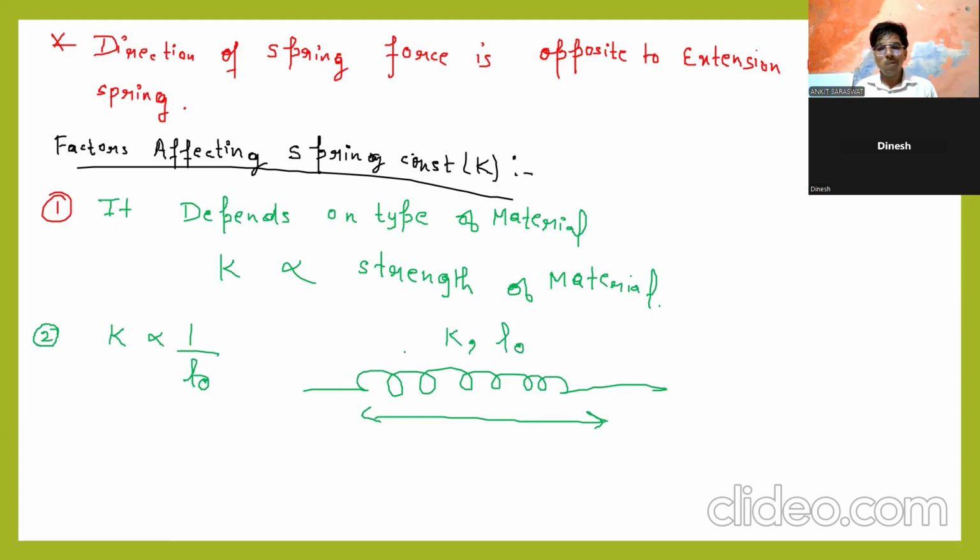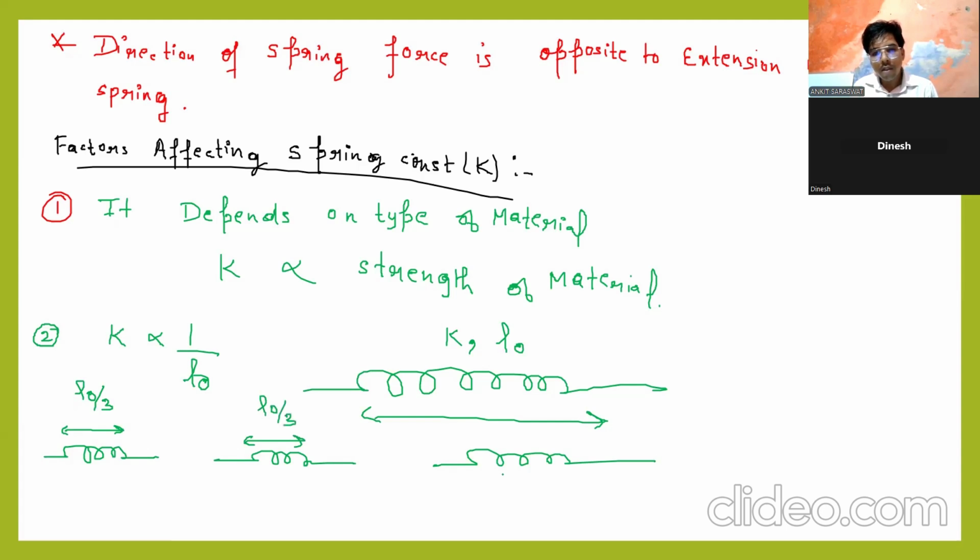If you cut this spring into three parts, first part, second part, third part, each is L naught by 3. So I want to know what is the spring constant here, because I want to explain one question.